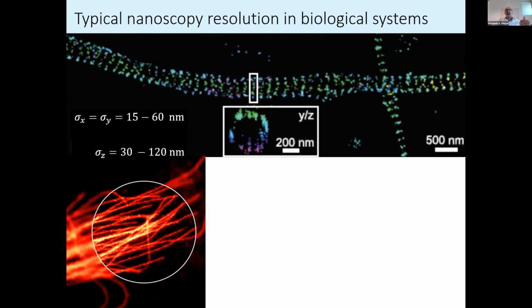In theory, these methods can achieve unlimited resolution, but in practice, and in particular in biological systems, they reach lateral resolutions in the order of 15 to 60 nanometers typically. And in the axial dimension, the resolution is 2 to 5-fold worse.